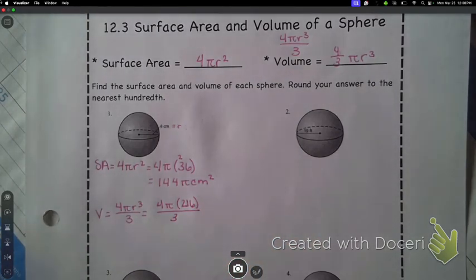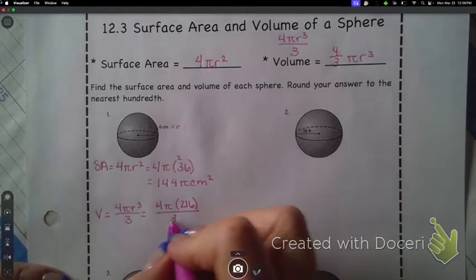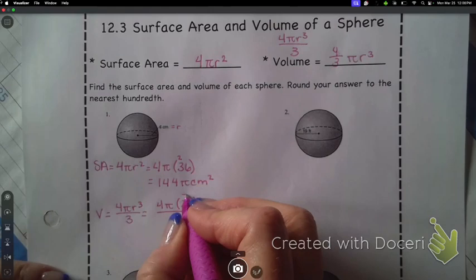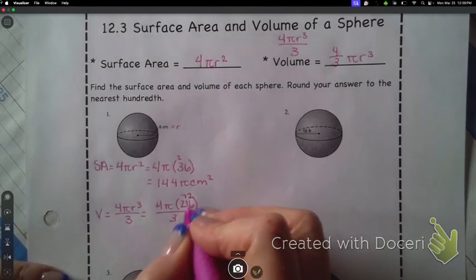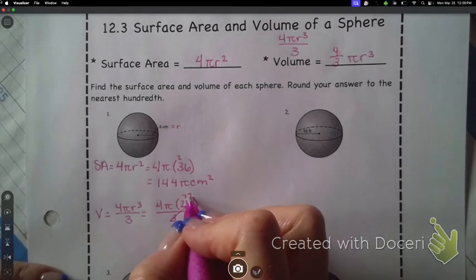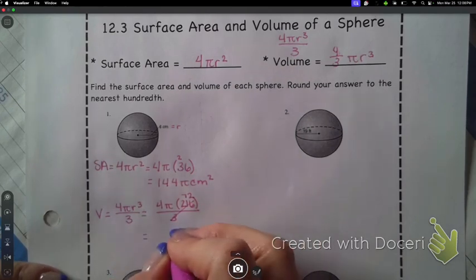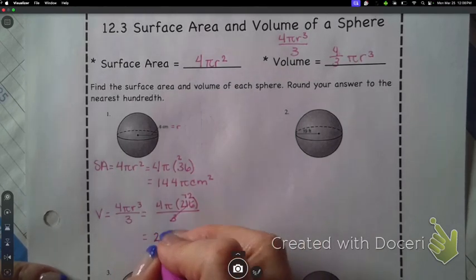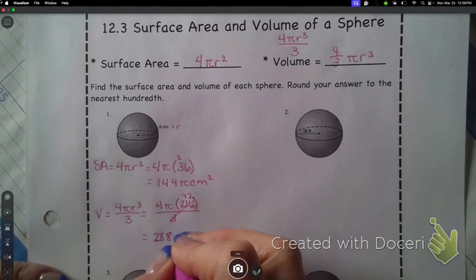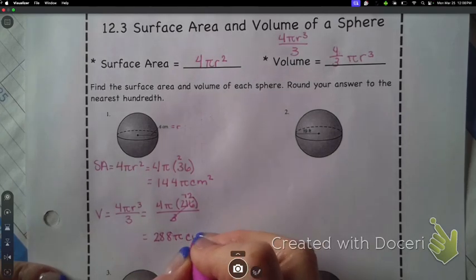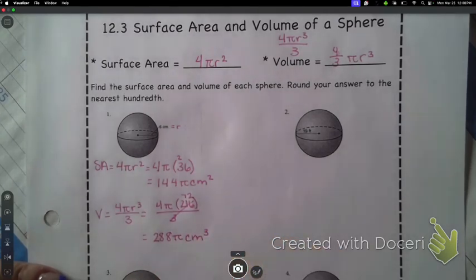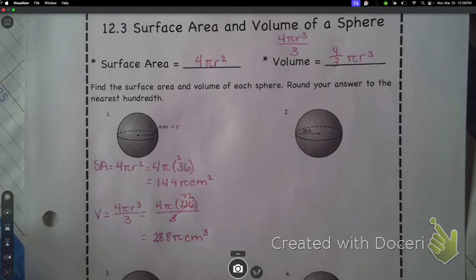Well, and then just reduce it. So 3 goes into 21 7. 6. 2. So 4 times 72. So 8. So 288 pi centimeters cubed. Okay, that's actually not that bad.